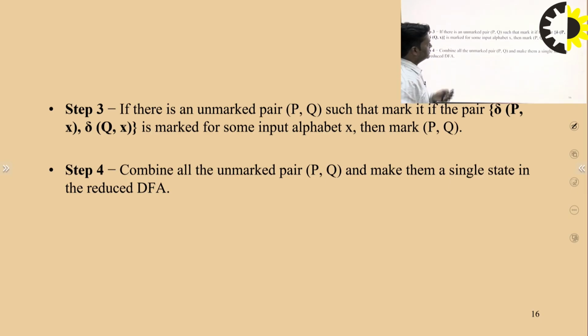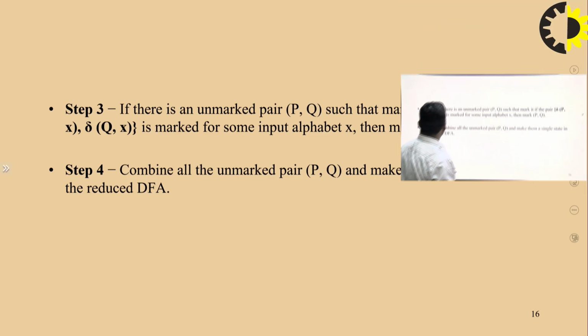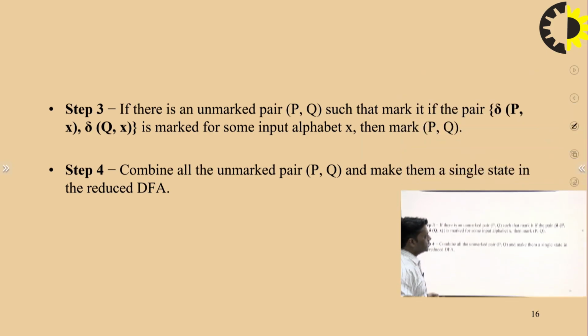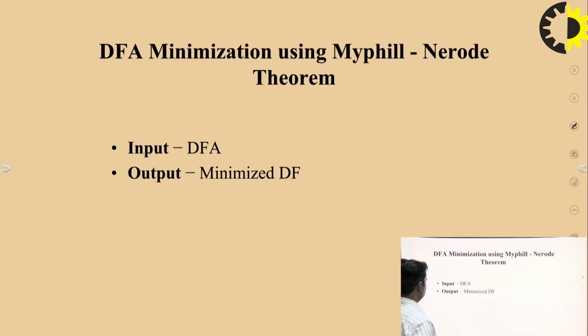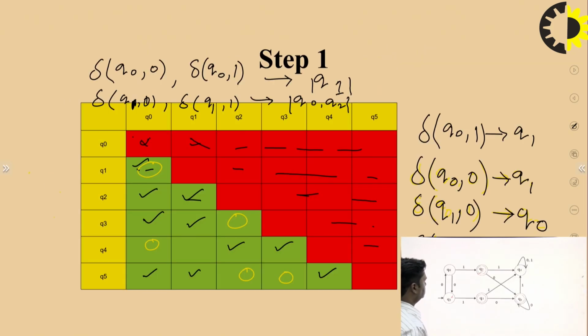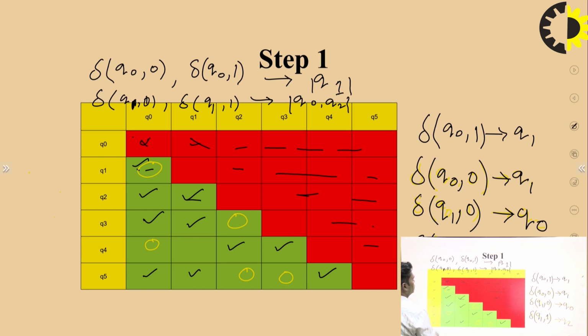Step 3, see here transition PX, transition QX. So QX, Q0 0 and Q1 0. We explain here for both again.